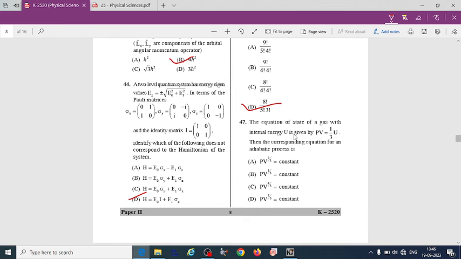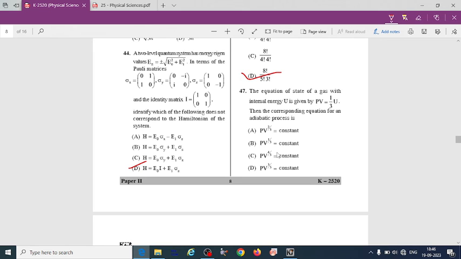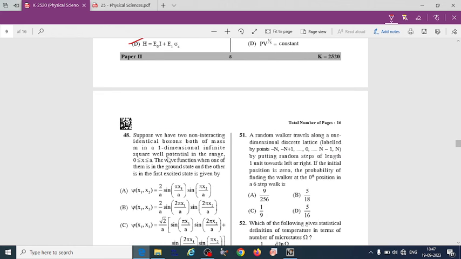The equation of state of a gas with internal energy U is given by PV equal to 1 by 3 U. Then the corresponding equation for the adiabatic process is option C, PV to the power 4 divided by 3 equal to constant.